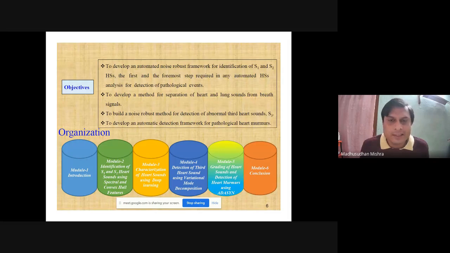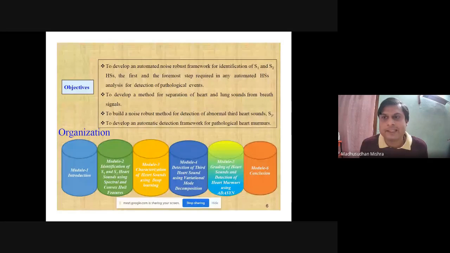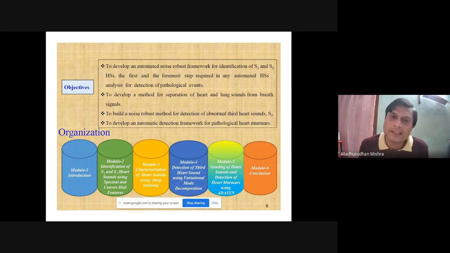One is to develop an automated noise-robust framework for identification of S1 and S2. As we know, identification or segmentation of first and second heart sounds is the first and foremost step required in any automated heart sound analysis for detection of pathological events.